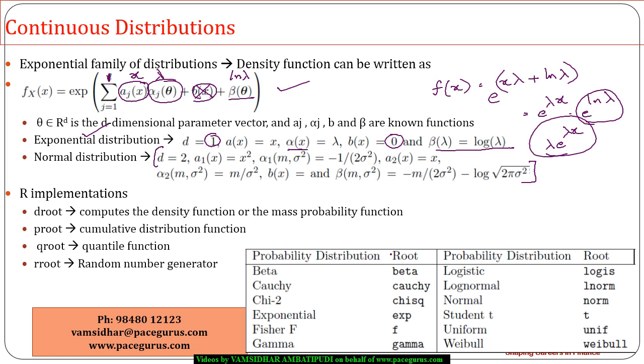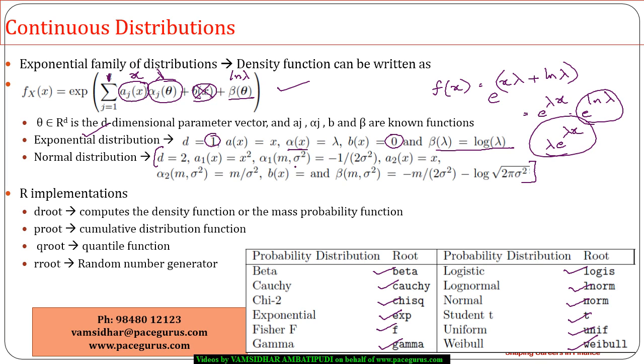Now here, what we understand is almost all these distributions can very well be used. A beta distribution, Cauchy distribution, chi-squared, exponential distribution, F distribution, gamma distribution, logistic, log normal, normal, T, uniform, Weibull.